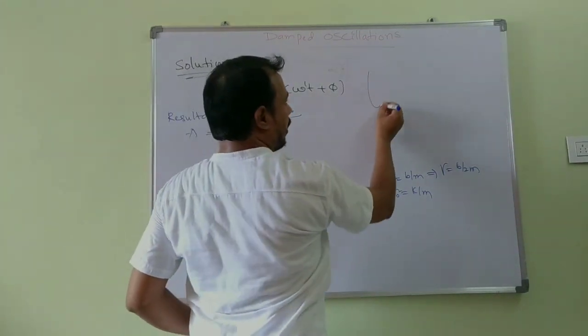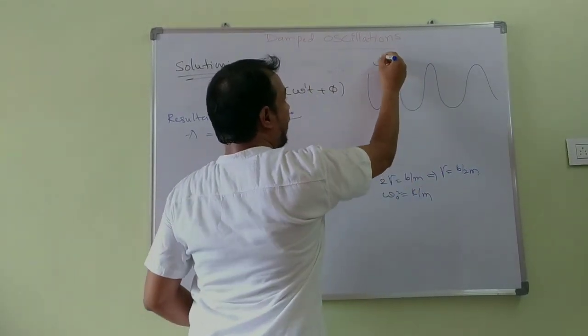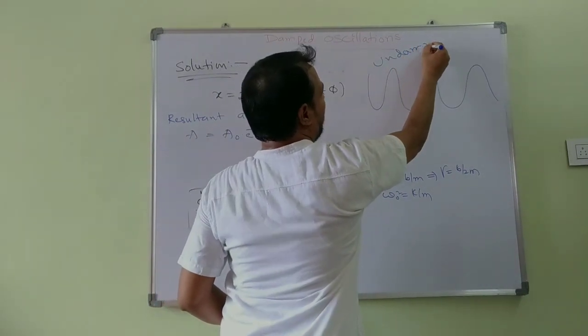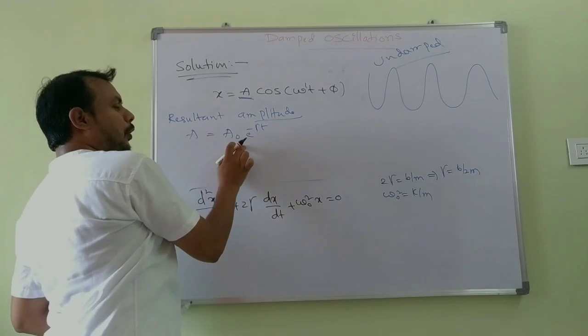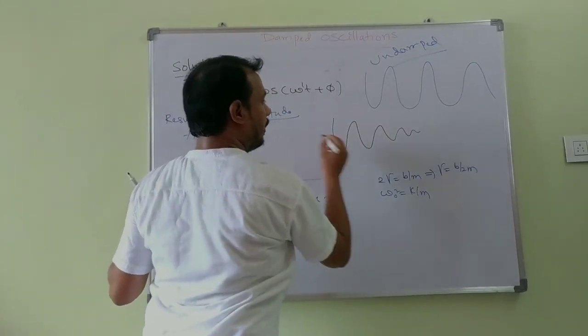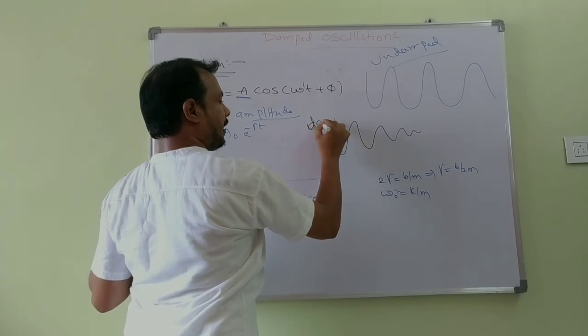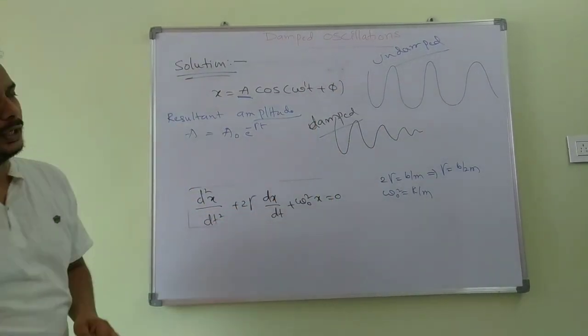In undamped oscillations, the amplitude remains the same, with no change in amplitude. Whereas in damped oscillations, the amplitude decreases like this. This is damped oscillations, and that is undamped oscillations.